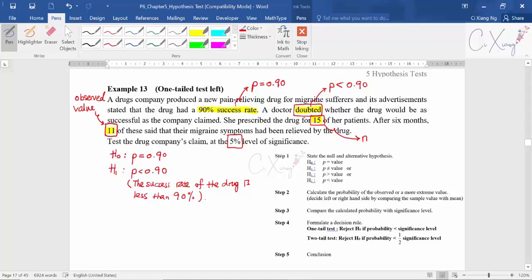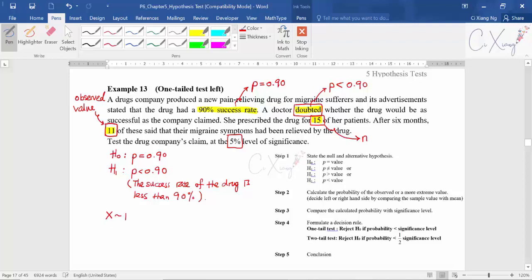Then you can proceed to step number 2. For step number 2, they want you to calculate the probability of the observed or a more extreme value. To calculate this p-value, you need to calculate the probability. Because you know that you are going to test the population proportion, we are using the binomial distribution to run the test.